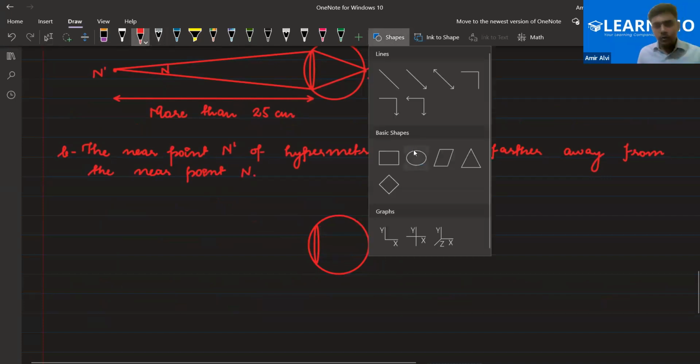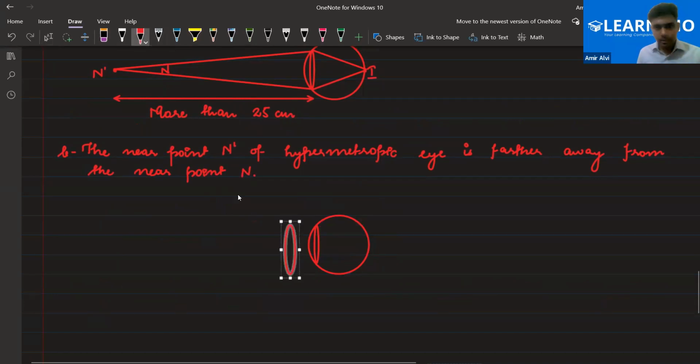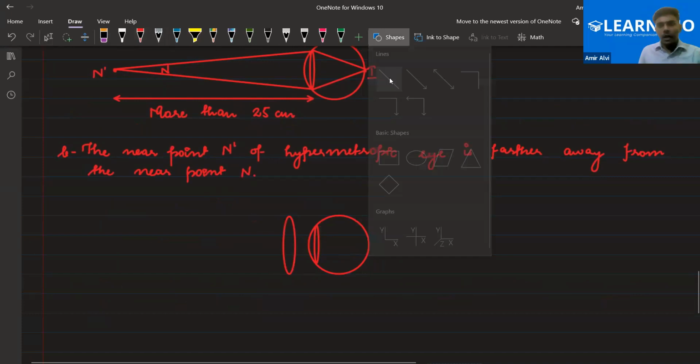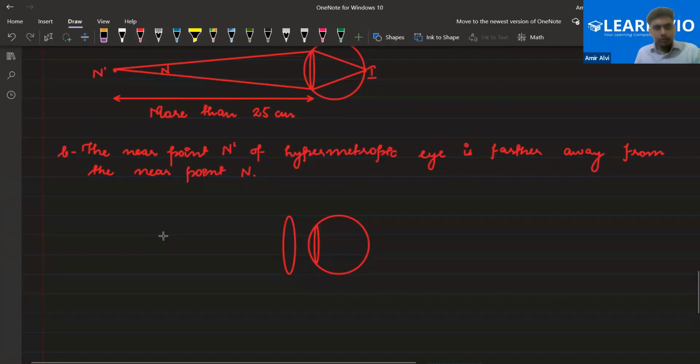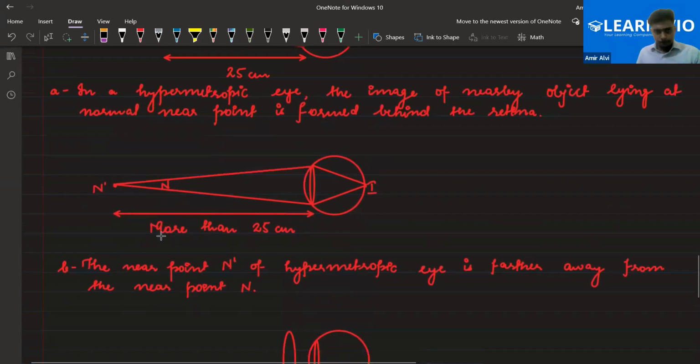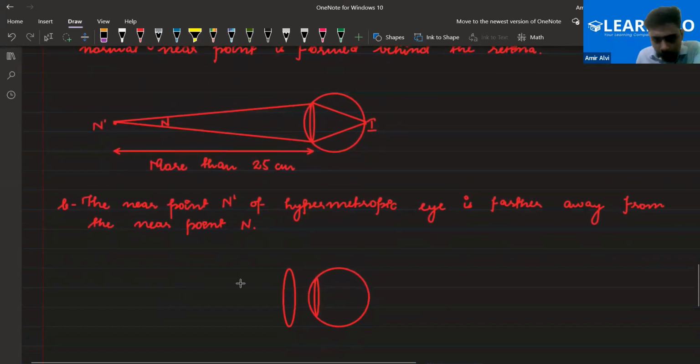So we have to introduce a converging lens in front of the eye lens, like this. The object will be like this, and after that, the rays will converge like this, just a little bit.